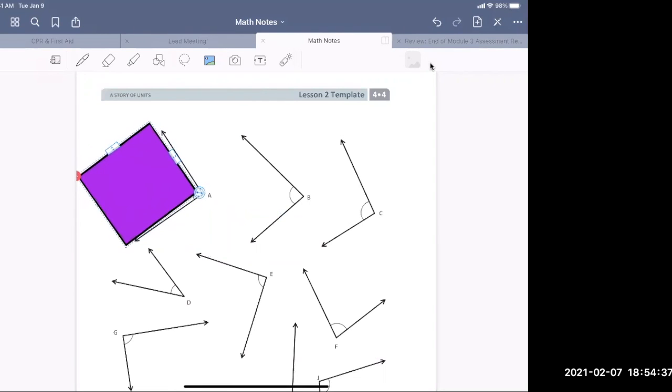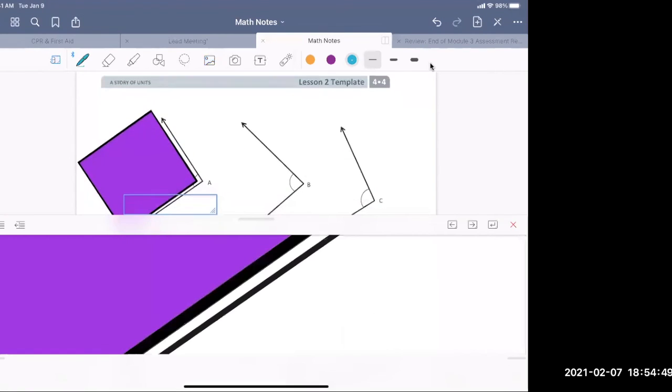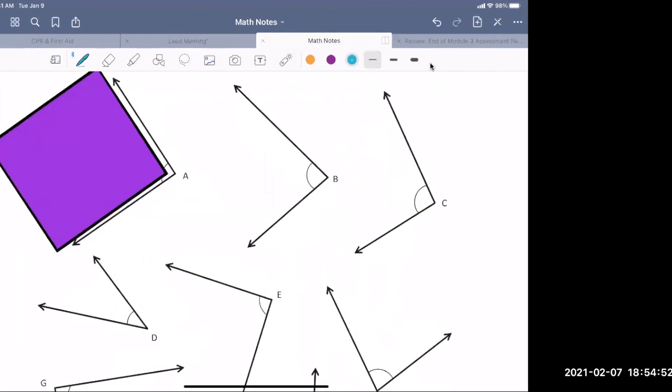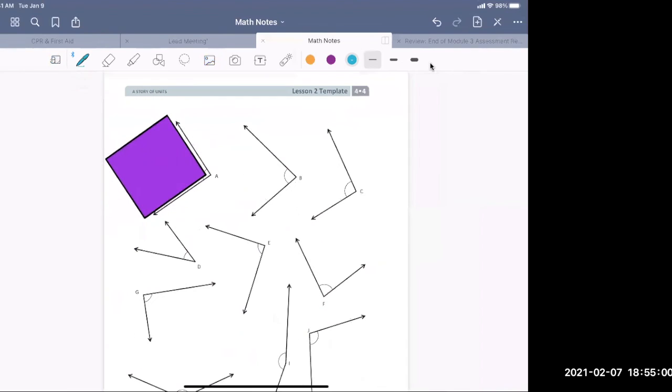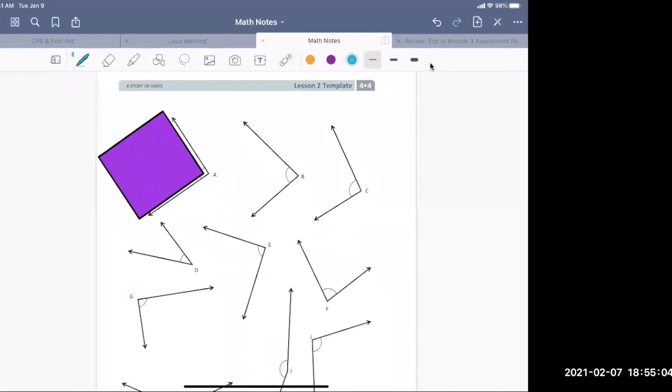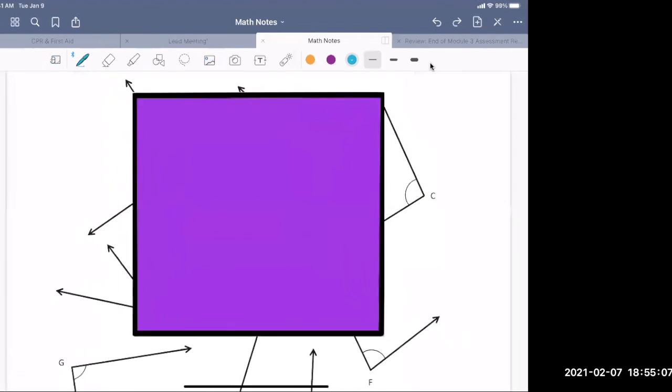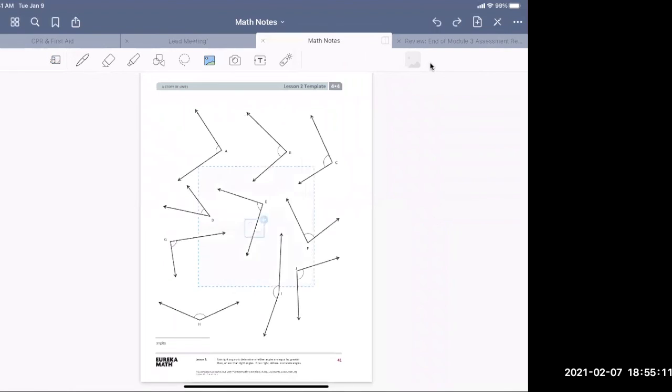So here we can see I put this square on a corner. Okay, and both angles match up.